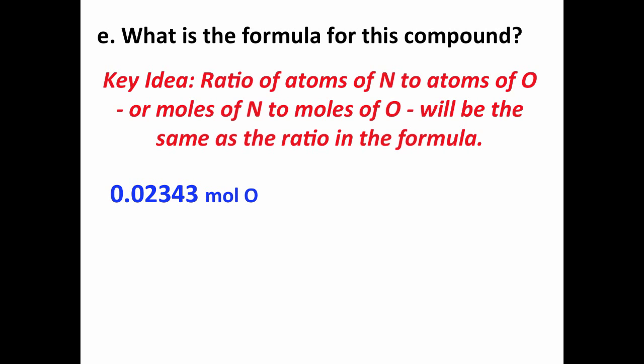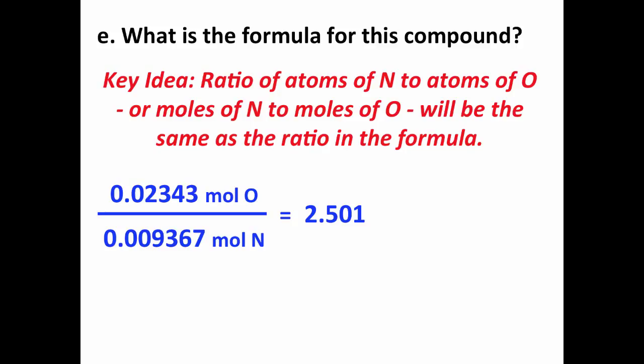So if we use oxygen to nitrogen moles, 0.02343 moles of oxygen, generally speaking, I like to divide the bigger number by the smaller number. You don't have to, but I find it a little easier to see what the ratio works out to be. So divide by 0.009367 moles of nitrogen, and when you divide that out, you get 2.501.